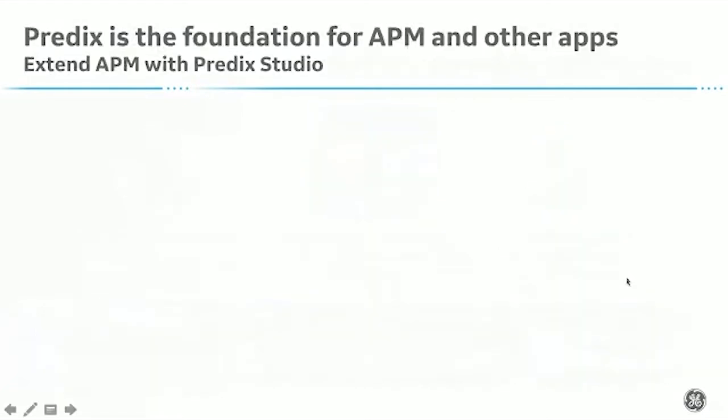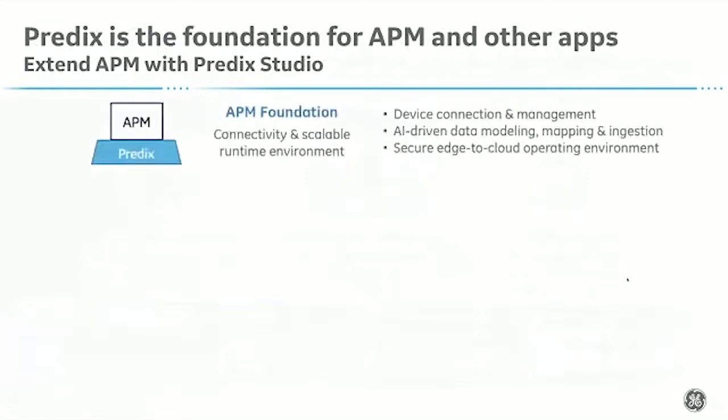Just to give you an idea of how Predix fits into the GE world, Predix is the foundation for APM and other applications. APM stands for Asset Performance Management, and it's one of the key products we have at GE Digital. Asset Performance Management is a remote monitoring and diagnostics tool built on top of Predix that allows you to connect your assets.